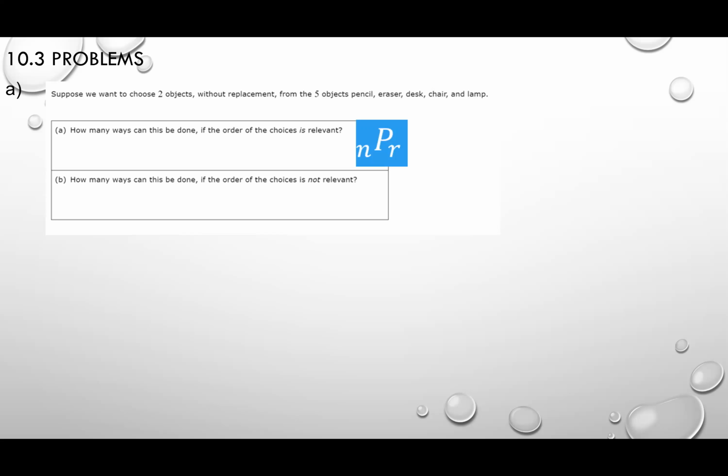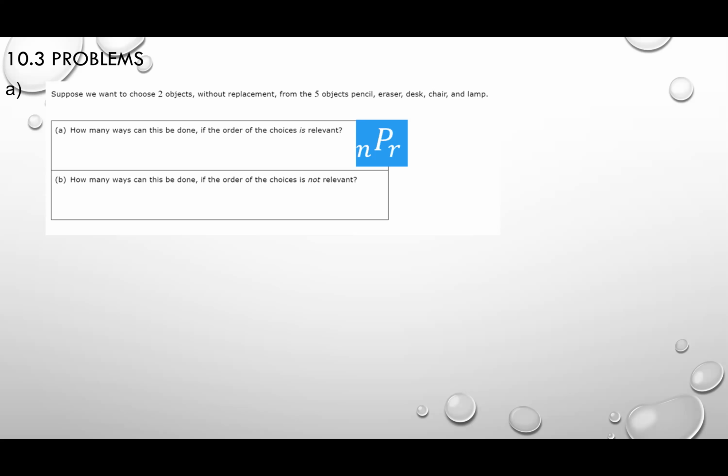My advice for you guys is, if you have 2 different numbers, one big and one small, the smaller number will always be your r, and the n will always be your bigger number, because there is no possible way that you can choose 5 items if you have only 2. You can choose 2 from a group of 5, but no way you can choose 5 from a group of 2.